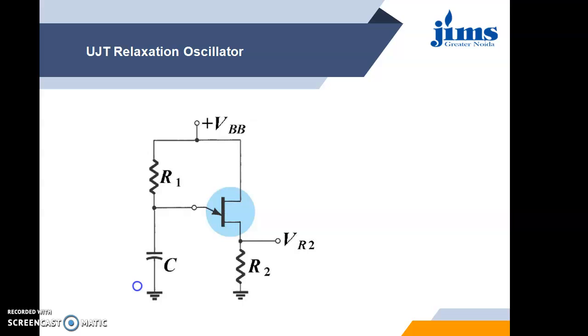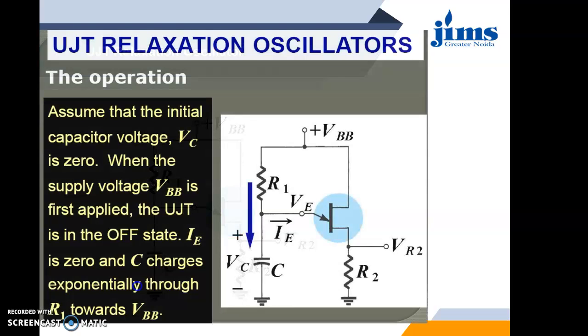The figure shows the simple schematic of a UJT relaxation oscillator, having a UJT to which an external resistance is connected at base terminal 1, and the output voltage is taken across this. Along with that, the bias VBB is applied in such a way that an RC network is connected to it. The capacitor is connected to the emitter terminal, and this emitter is also connected to a resistor as shown in the figure.